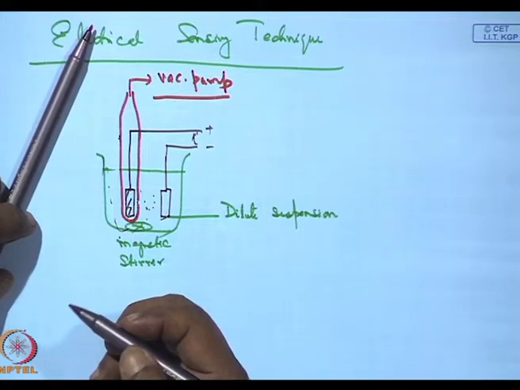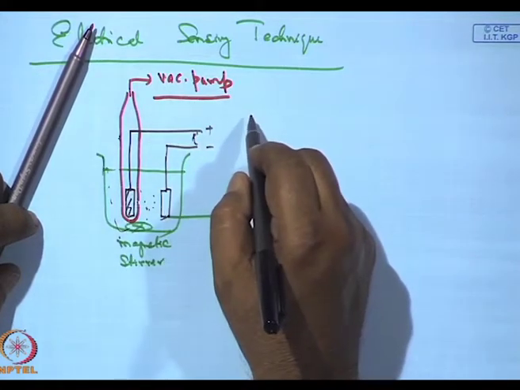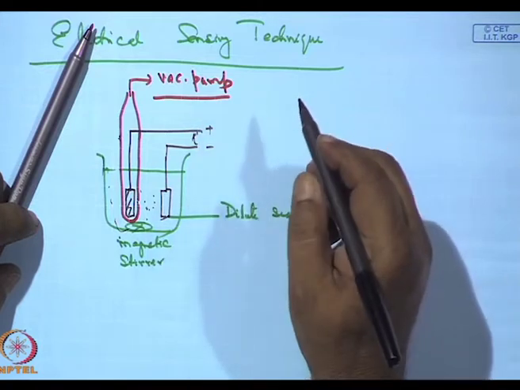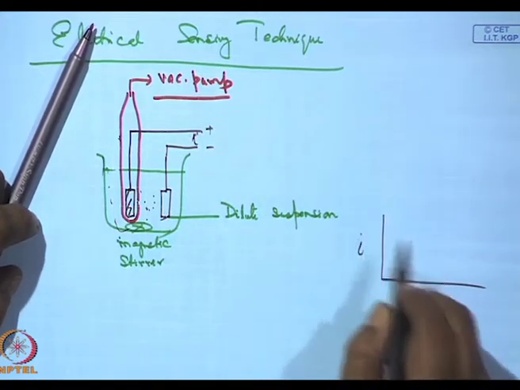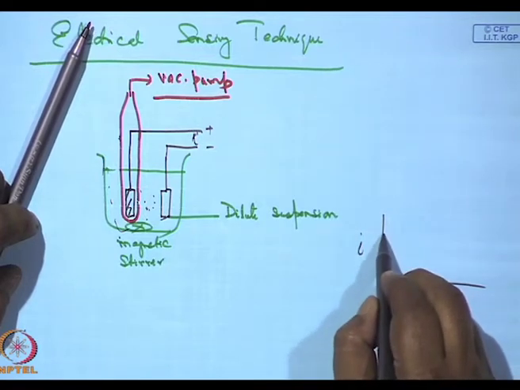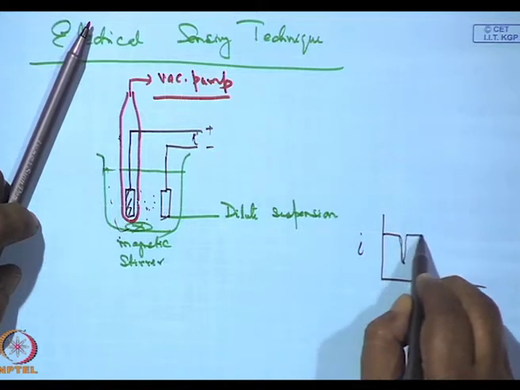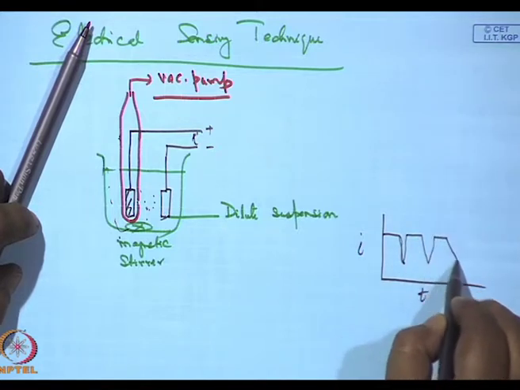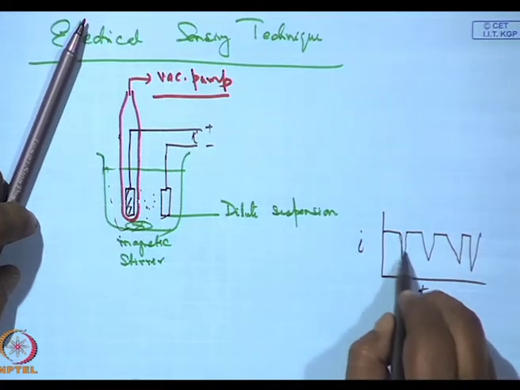So, if you are plotting the current as a function of time as you are evacuating, if this is the time, this is the current, you will find something like this. Nothing regular, it varies. What are these spots?